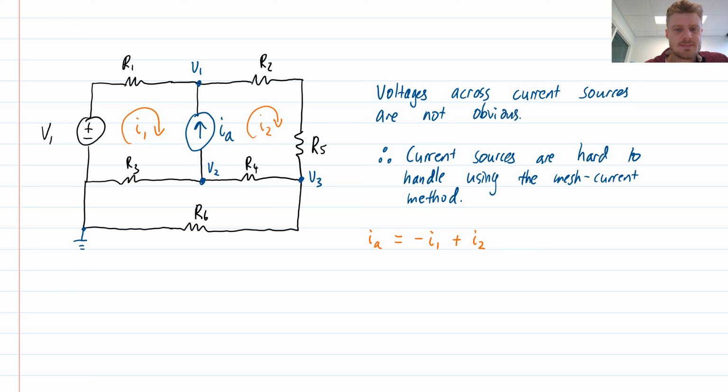However, I'm not able to write KVL around this mesh. For example, mesh 1: I can't write KVL around that mesh because I don't know the voltage across the current source IA.